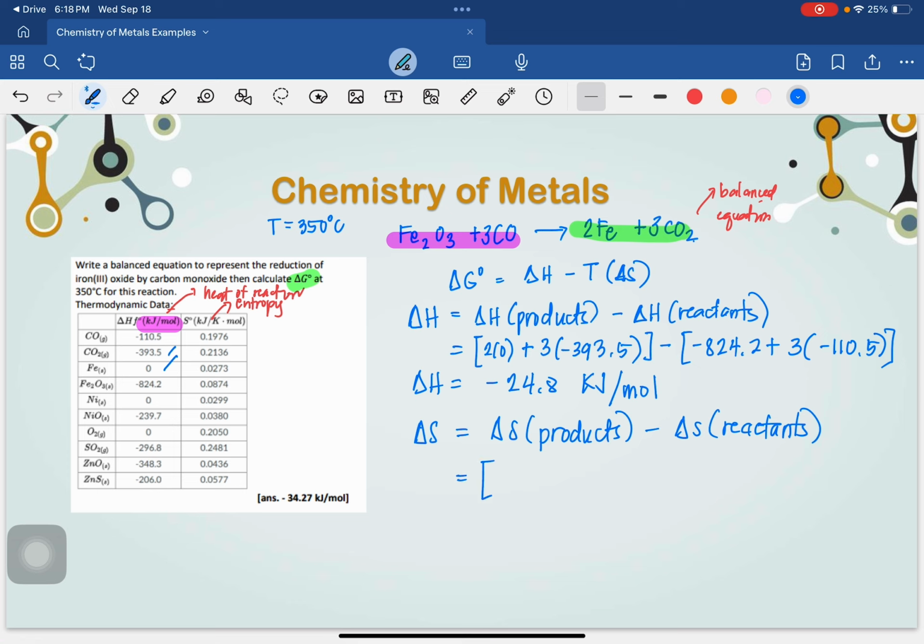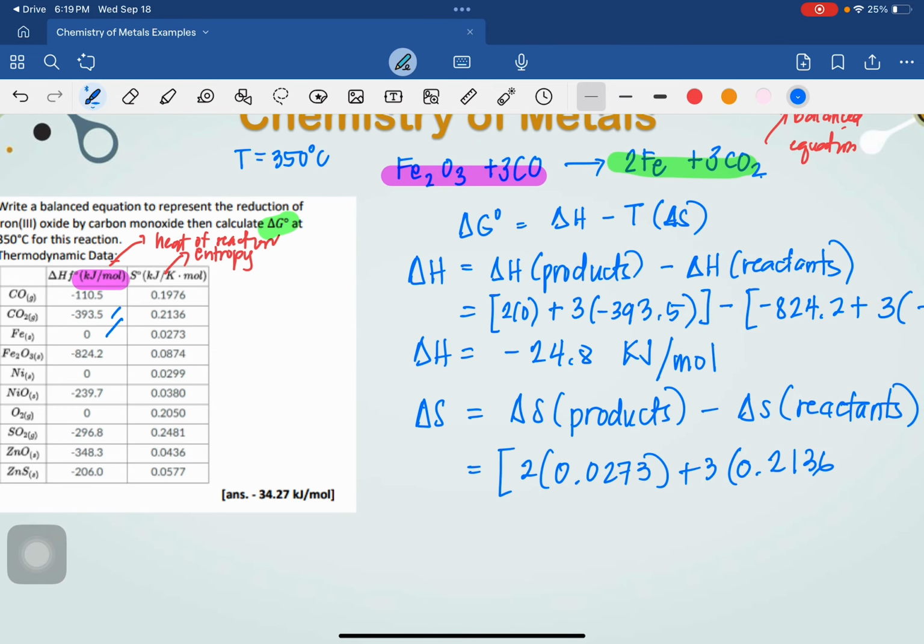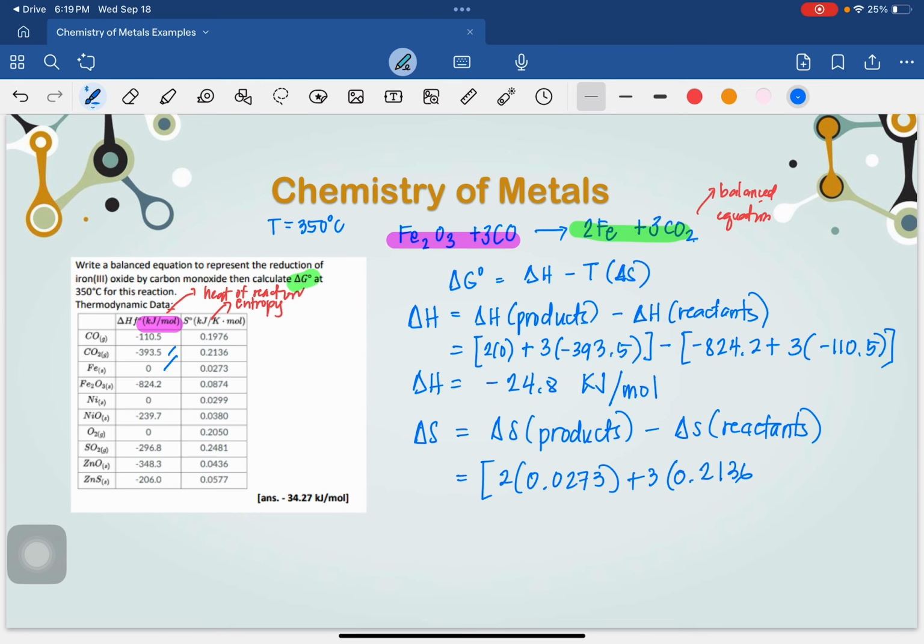So that's 2 times 0.0273 from the table, plus 3 times 0.2136. We can check that. It's here. Just be careful in getting the values from the table because one wrong value will make your solution incorrect.